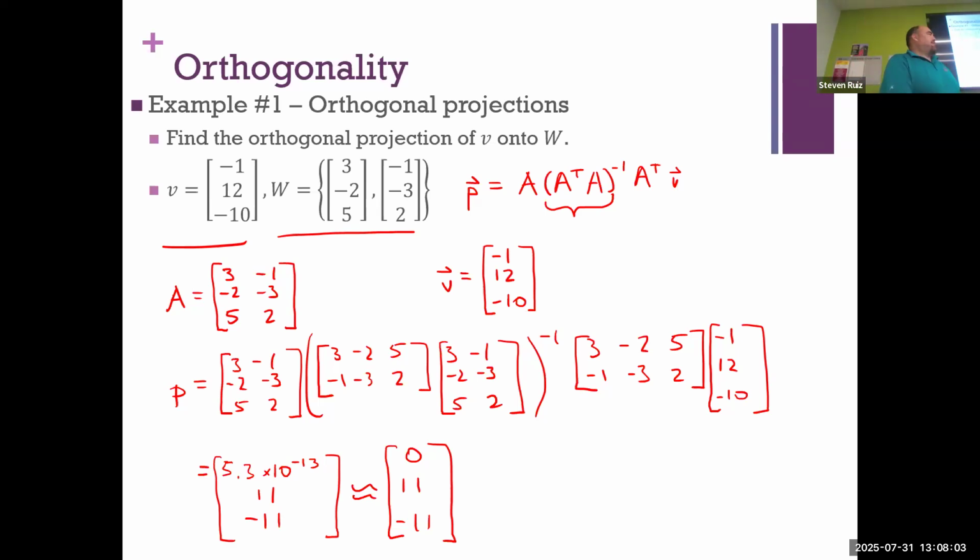Does this answer make sense? Yes. Why are you saying it makes sense? Well, 0 is supposed to be 1, 11 is supposed to be 12, 8 is supposed to be... you should wind up with something reasonably close to the thing you were trying to project onto.